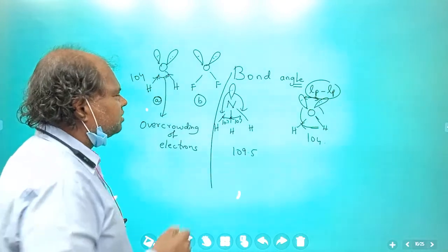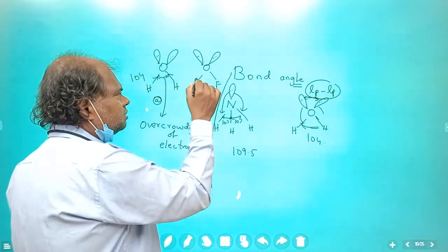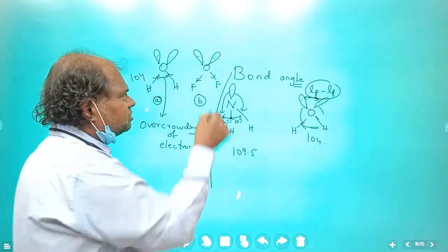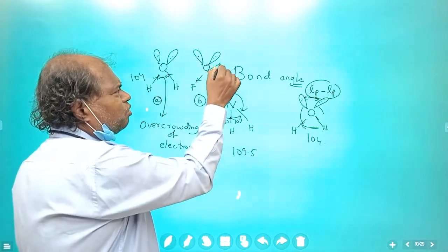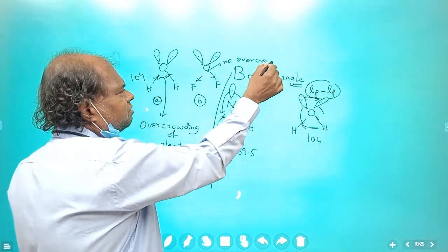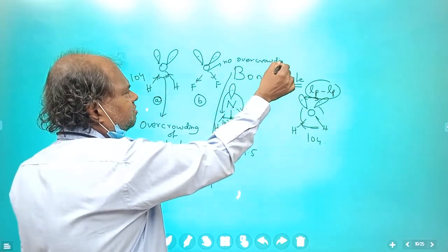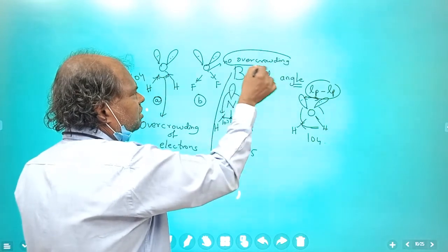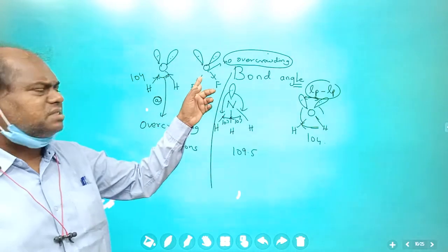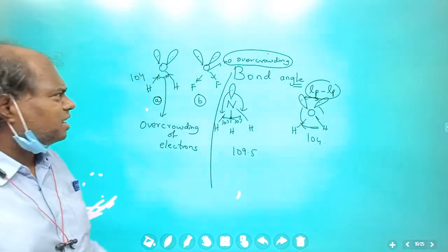But here that problem is not there because here the fluorine, listen here, will take away all the electrons. Fine? So you will not have any overcrowding here. No overcrowding. So the bond angle will be slightly lesser. It will be actually 102.